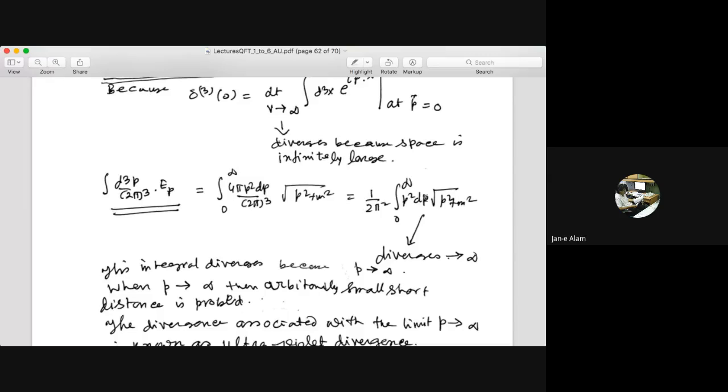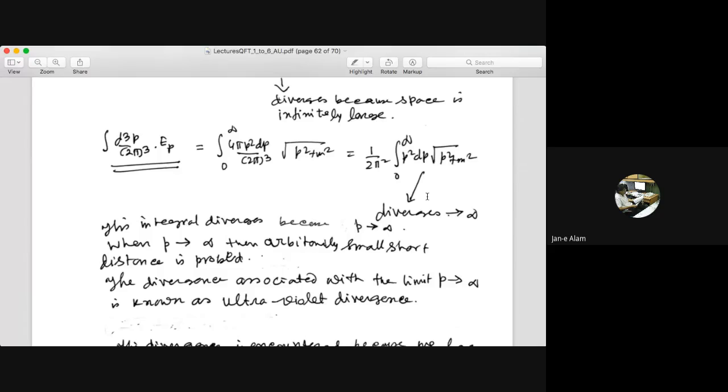This divergence when p goes to infinity is called ultraviolet divergence. It originates from the fact that when p tends to infinity, you are trying to probe arbitrarily small distance, because p tending to infinity makes the spatial variable x go to 0. But you can argue that no theory can be valid up to infinite momentum. All theories have some limitations.